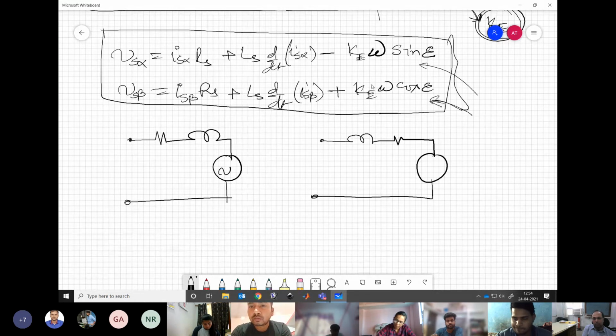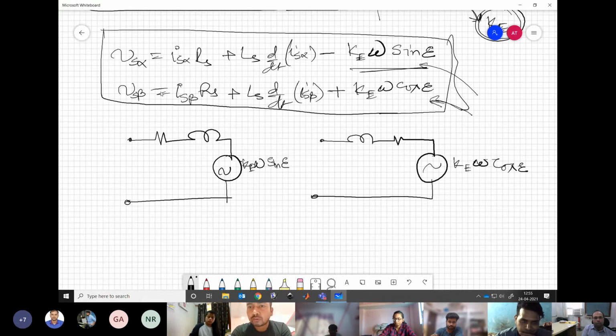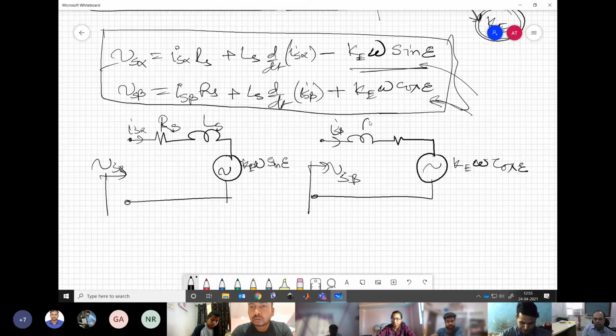Here your back EMF is Ke omega sine epsilon, so you may put a minus sign over there, and here your back EMF will be Ke omega cos epsilon. Then Vs alpha, Vs beta are the inputs, Is alpha, Is beta are the currents, and these are the electrical components Rs and Ls. Clear?